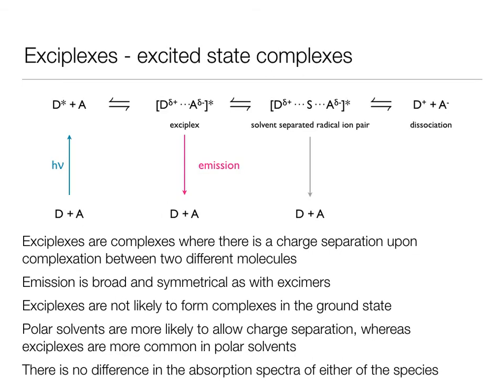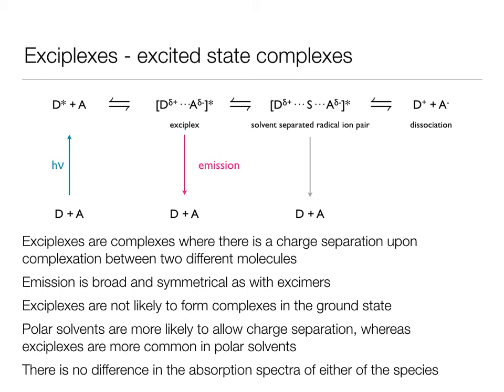Exciplexes are incredibly similar, but unlike Excimers, where I have two identical molecules, an Exciplex is essentially formed of two dissimilar molecules. And because those molecules are dissimilar, they have a different tendency to want to attract an electron. And so we end up with a slight charge separation.